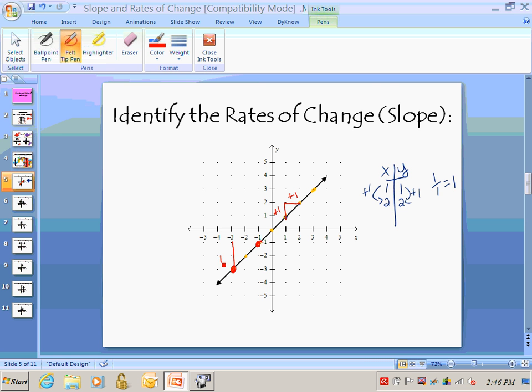My rise would be a positive 2, my run would be a positive 2. Now, rise is 2, run is 2. That number still reduces to a positive 1. So even if you miss a point, it's still going to reduce to the same number. And we can go rise 1, run 1, and there will be your point right there.